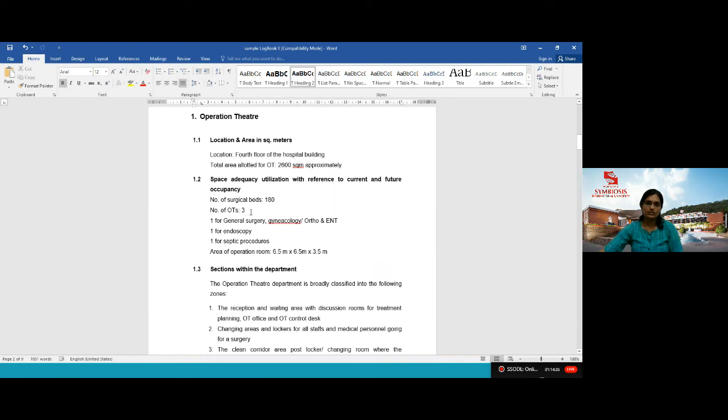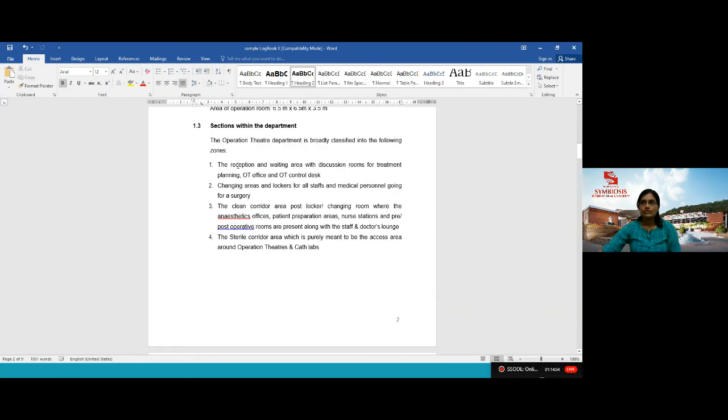These 3 OTs are divided as one for general surgery, gynecology, ortho and ENT, one for endoscopy, and one for septic procedures. So such 3 operation theatres are present. Then the sections within the department: reception and waiting area, changing and locker rooms, clean corridors, sterile corridor area.